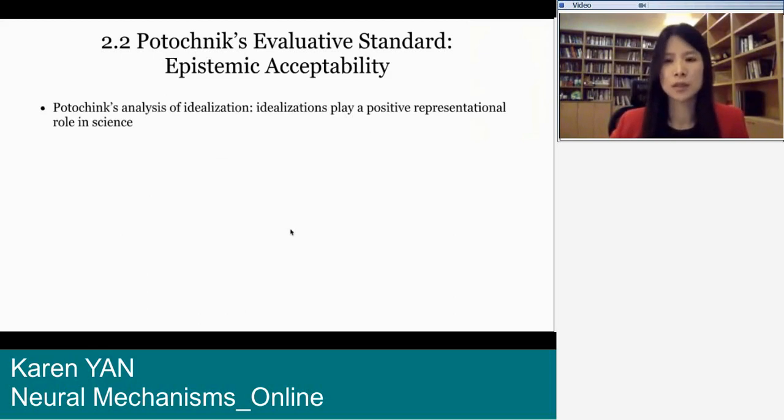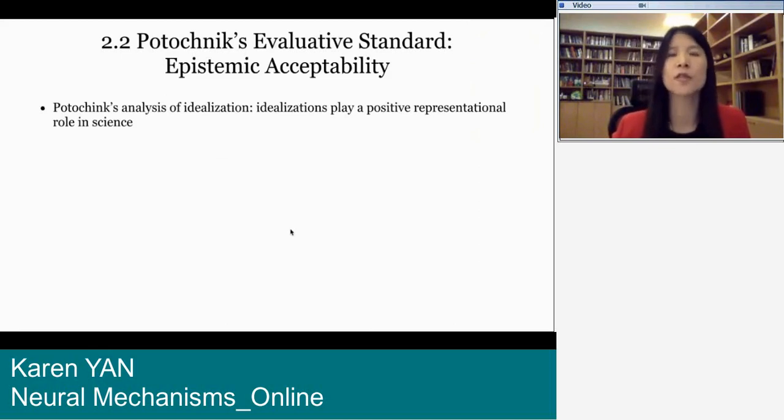So in the current model-based literature, there's a consensus that an idealized model, or idealized representation, can represent. But philosophers disagree about the role idealization plays in the idealized model.